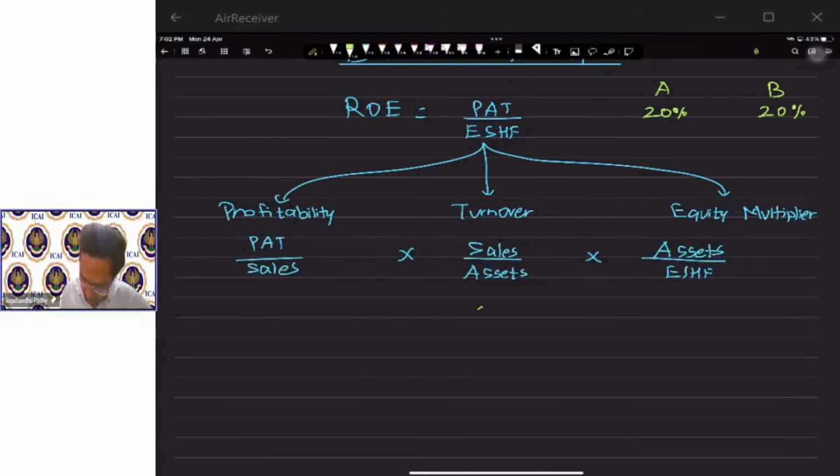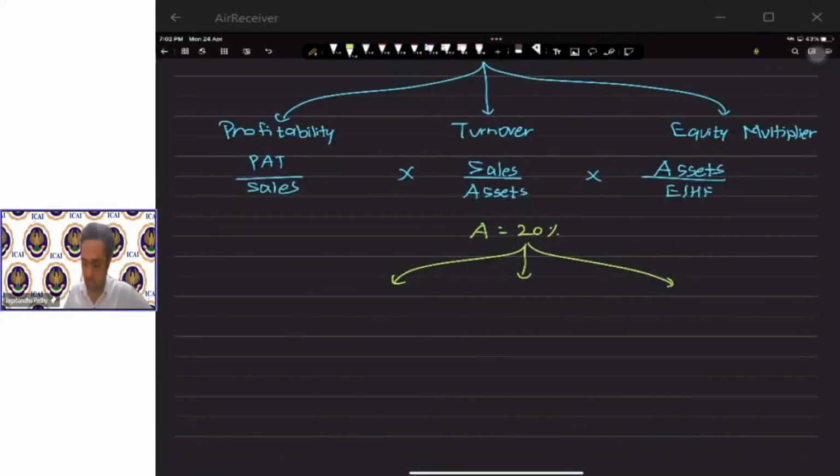So let's say for company A, it was 20%. I'll look into the further breakup of these three components. Profitability wise, the company is having a profitability percentage of, let's say, 5%, 2 times asset turnover, and equity multiplier is also 2 times, right?